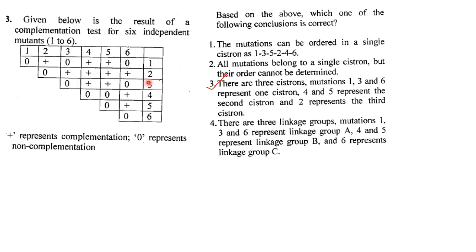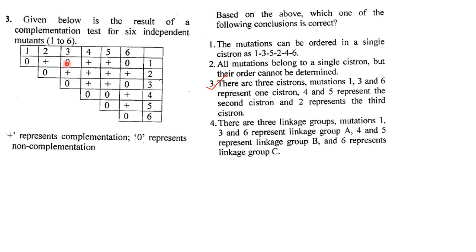In the third row also 3 and 6. In the next row, it is 4 and 5. In the fifth row, it is 0 for 5. And in the sixth row, it is 6. So first you have to group the non-complements. So 1, 3 and 6 have been grouped together in the first row. Second row it is 2, so 2 is also taken: 1, 3, 6, 2.